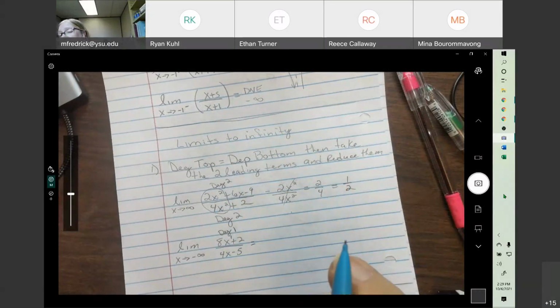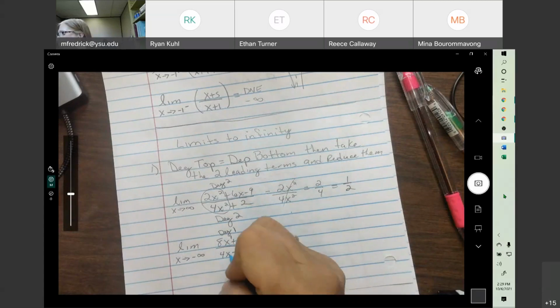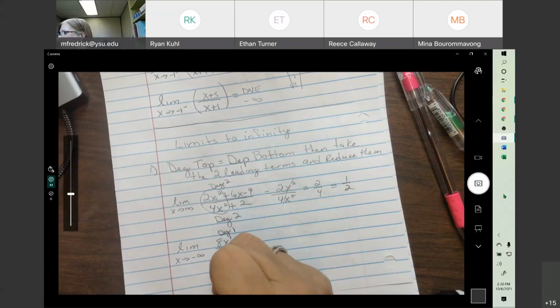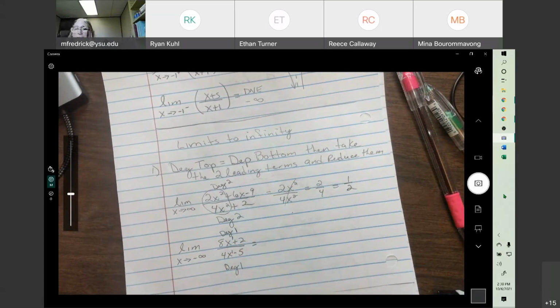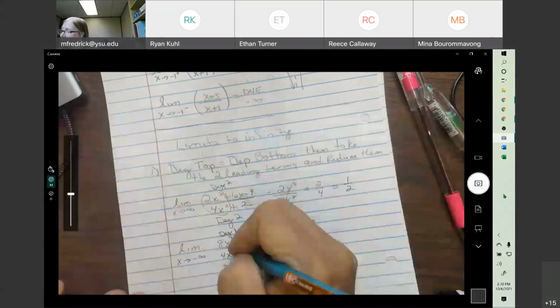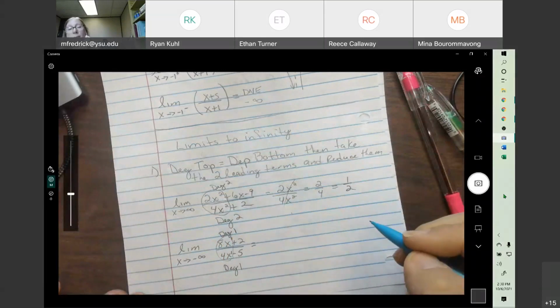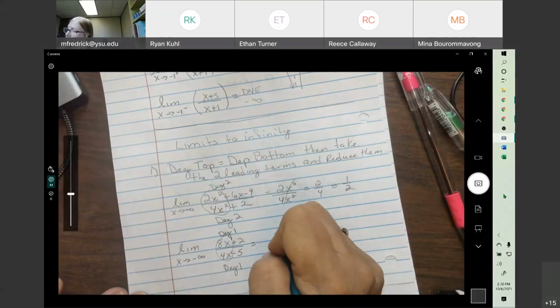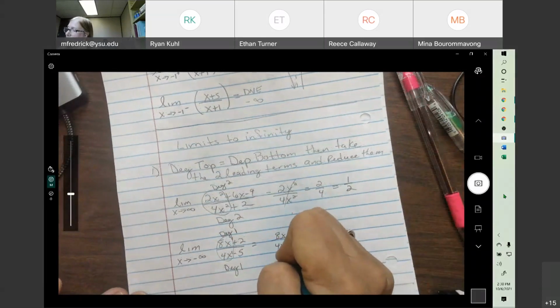Is the degree of the bottom the same? Yes. Exactly, because I haven't taught you the other ones yet. But the degree of the top and the degree of the bottom are the same. When they're the same, take these two largest terms and reduce them. 8x over 4x.